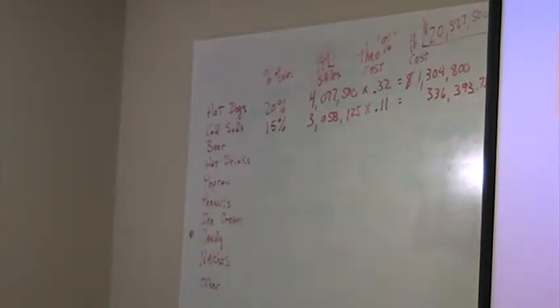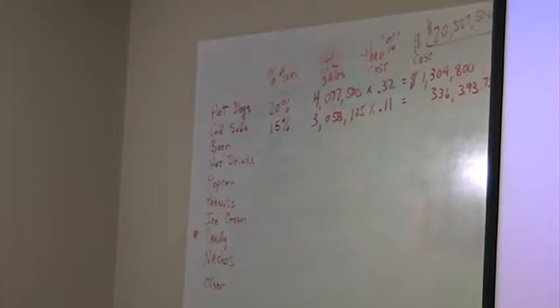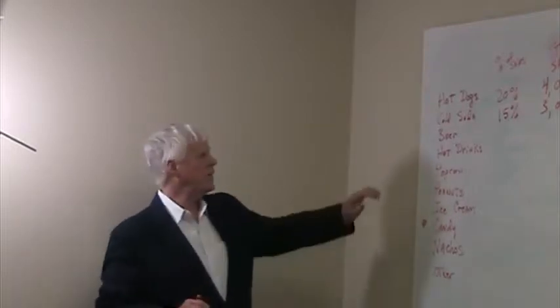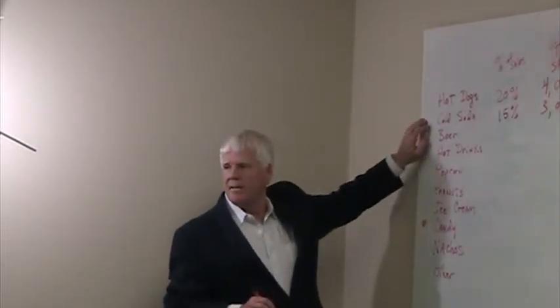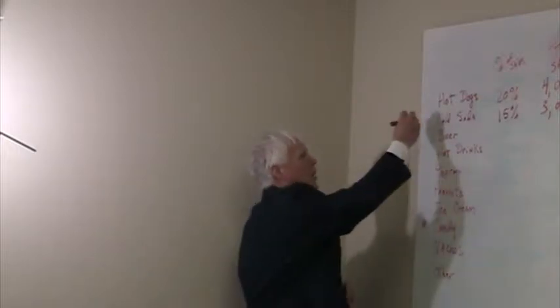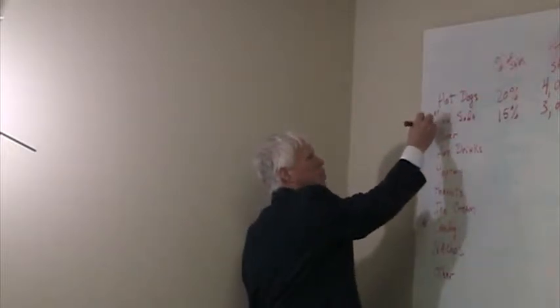Like in Case History B, which is going to be your study guide for your exam, they're much smaller numbers. Now, I will say this is kind of unusual. In most cases, beverages account for somewhere around 50% of the total sales.